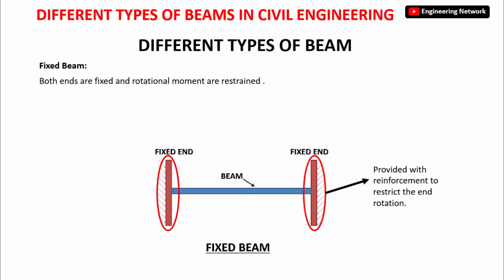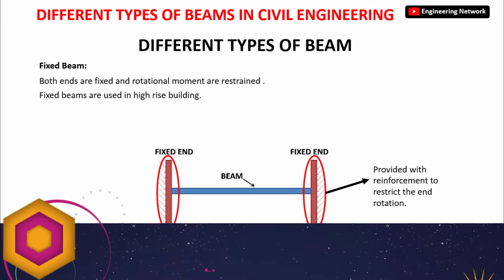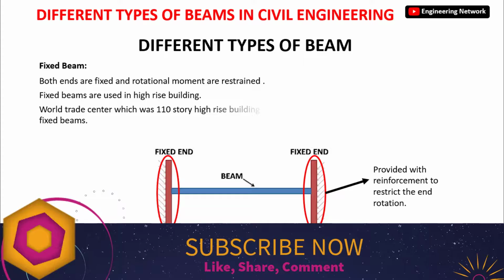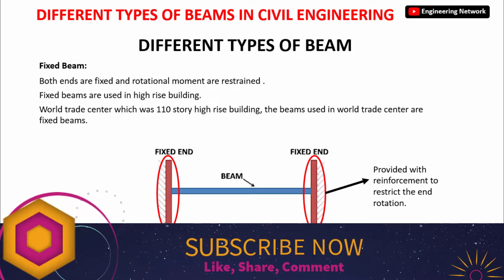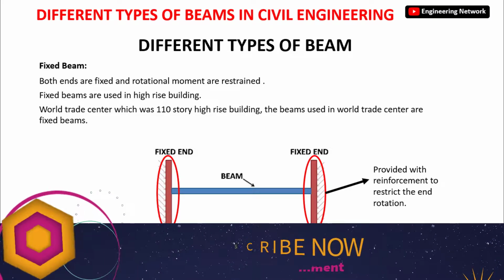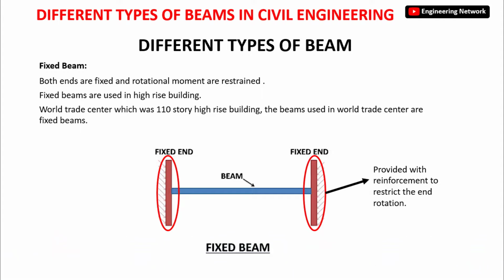Okay? Generally in high-rise buildings, fixed beams are used. And if you take the example of World Trade Center, which was a 110-story high-rise building, the beams used in World Trade Center are fixed beams, right?